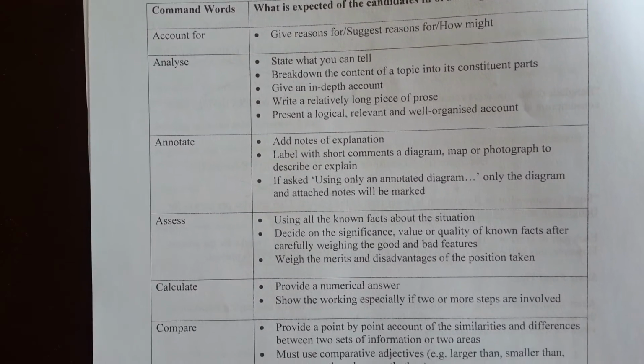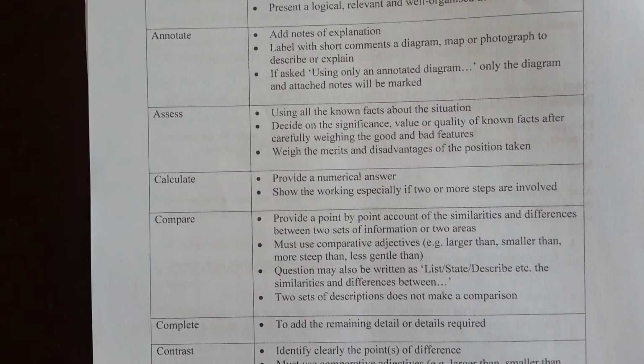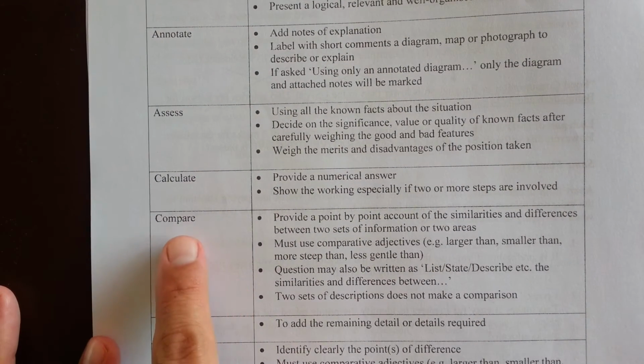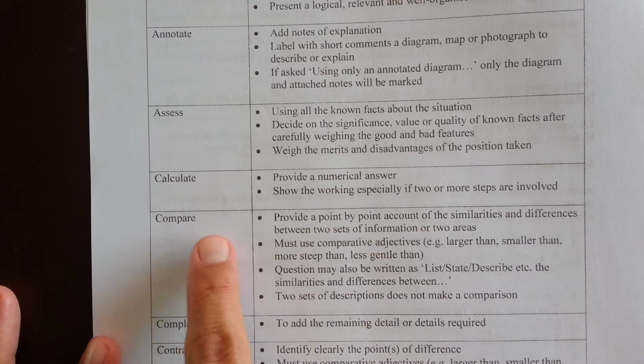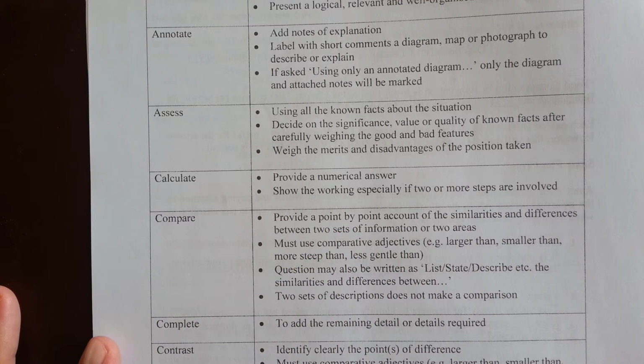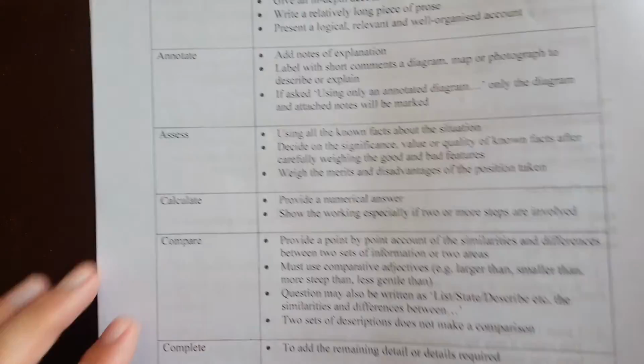So get hold of this kind of a list for your particular exam and look at how they define the command word, because this will tell you exactly what you need to do. Now once you have this list with you, you can then proceed to answer the question.